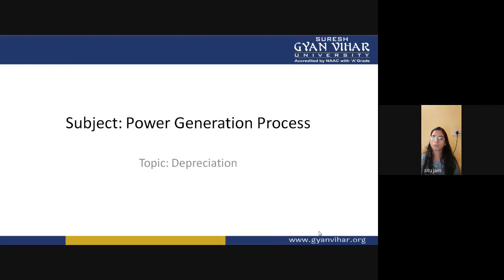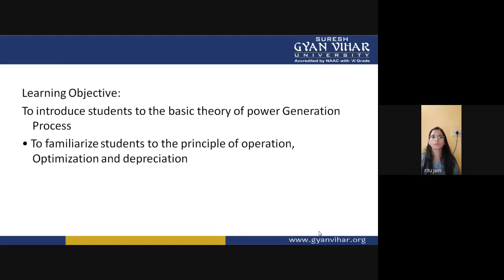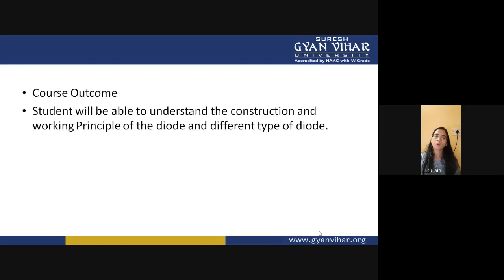So the course objective of this lecture is to introduce students to the basic theory of power generation process and to familiarize students with the principle of operation of power plant and the depreciation and other things.